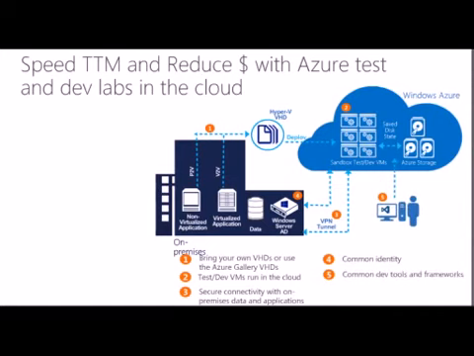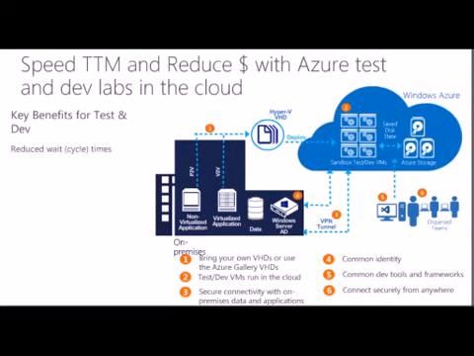We may also have common tools and frameworks that we want to use, things like Visual Studio, which give us access directly from within the Visual Studio tooling into this platform in the cloud, and to be able to use this almost in the same way that we would have used an on-premises instance. And if we've got teams that are dispersed globally, it's important that we should be able to utilize this environment from anywhere geographically, and Azure enables us to do that.